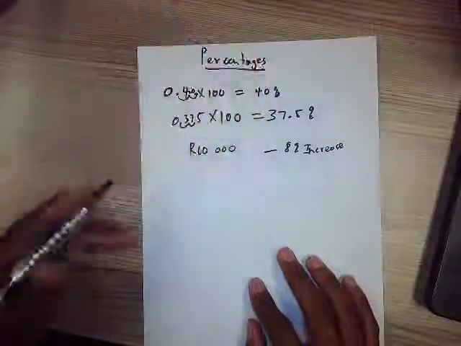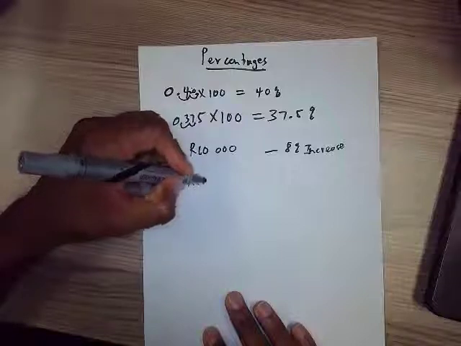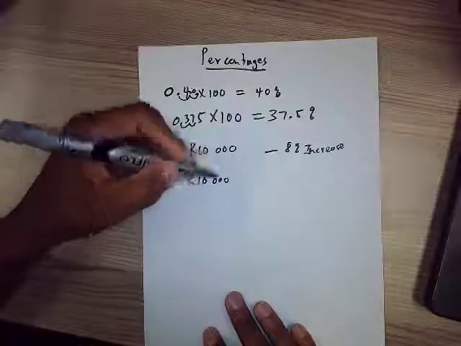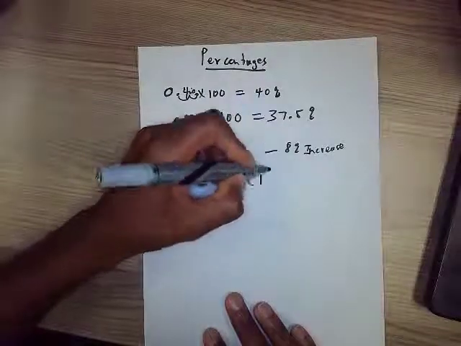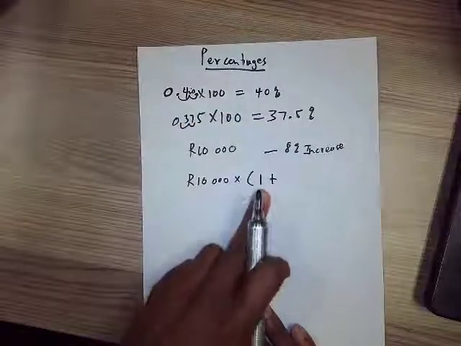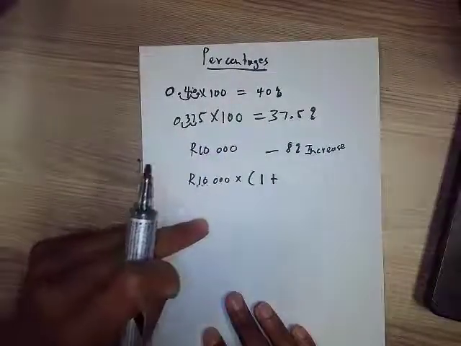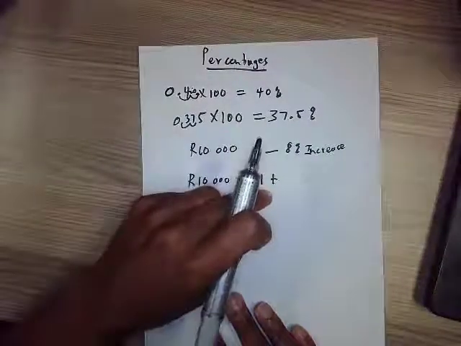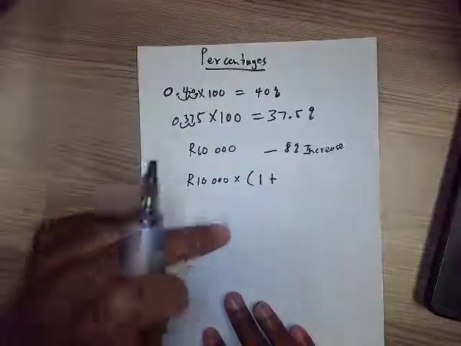Basically, you multiply that by 1, plus, notice that 10,000 multiplied by 1 is going to be 10,000.